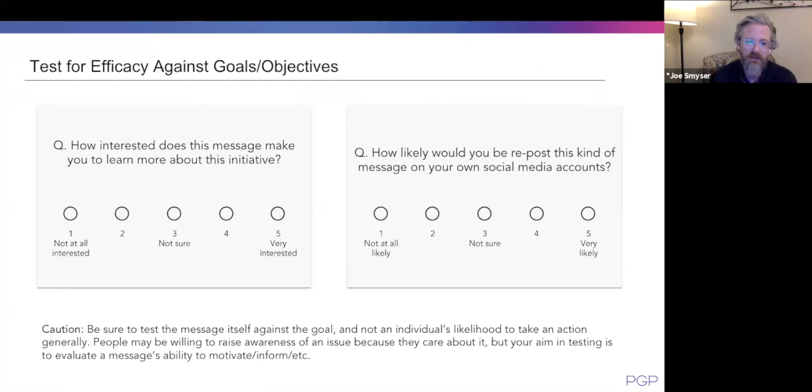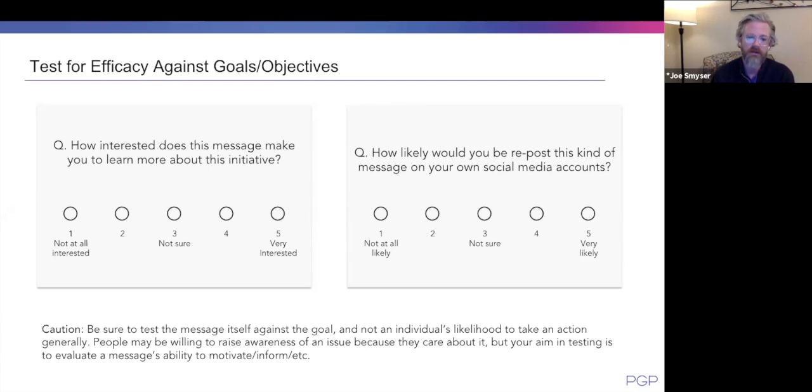Be sure to test the message against the goal and not an individual's likelihood to take an action generally. So what this means is, this is really common for those of us in public health. Often we're testing messages that are attached to someone's values, or something that they know about and care about, some societal issue of concern.